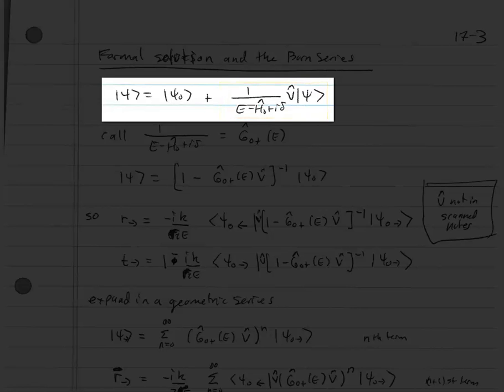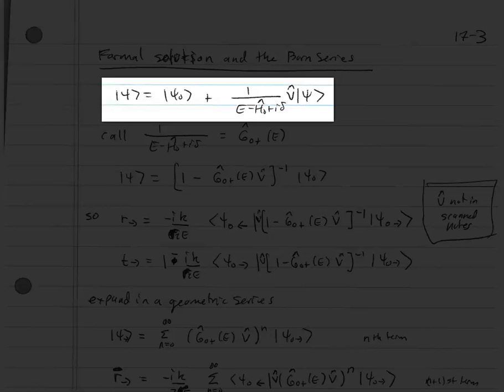Now what we did then was we brought the two v's to the left-hand side and got a geometric series and multiplied by the inverse, which was a geometric series, and multiplied that times the psi 0 and got a full series.